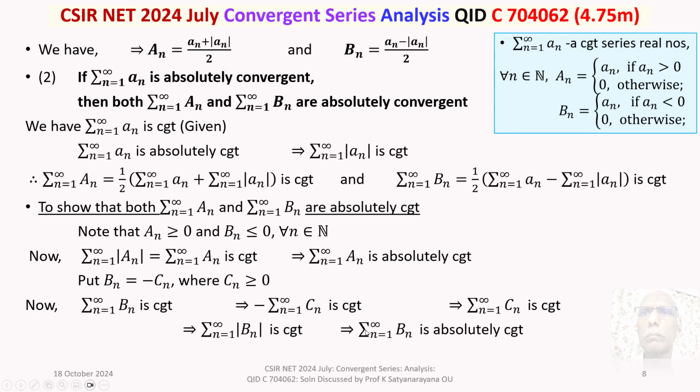That means sigma capital Bn is absolutely convergent. Thus, we have proved both sigma capital An and sigma capital Bn are absolutely convergent. Hence, option 2 is true. Right. We move on to the next option.